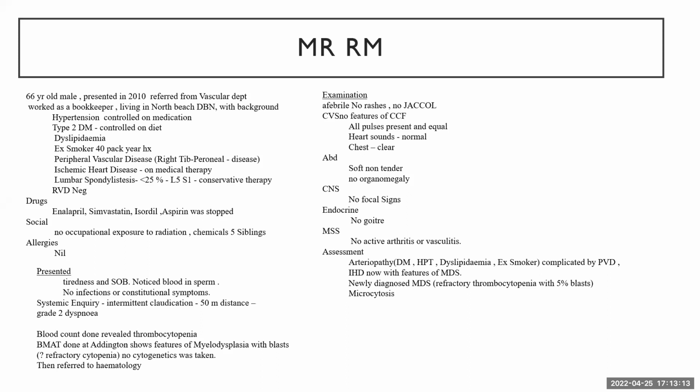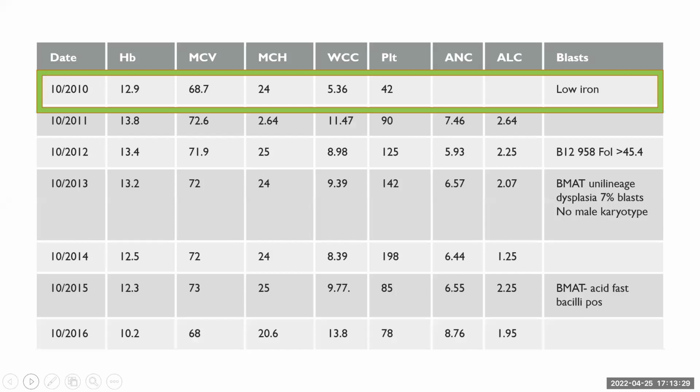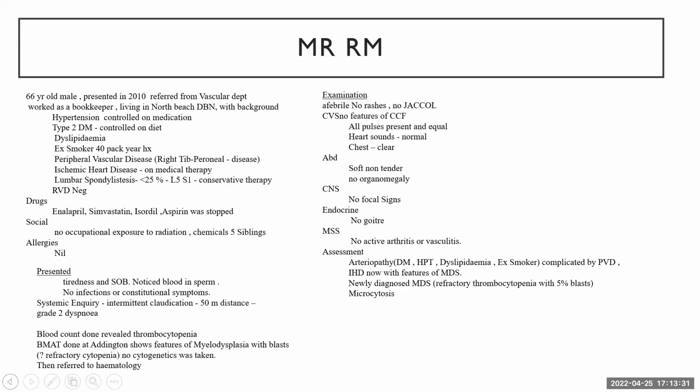On blood counts, they revealed that he had a thrombocytopenia. He then had a bone marrow biopsy done at his base hospital, which showed features of myelodysplasia with blasts, query refractory cytopenia. However, no cytogenetics were done. So on examination, when he was seen, he was otherwise stable.